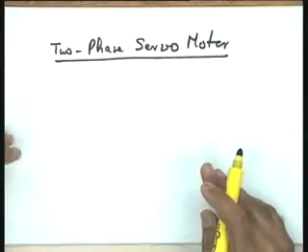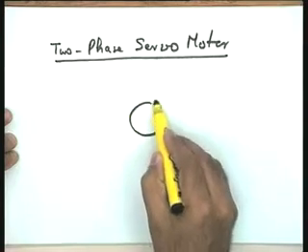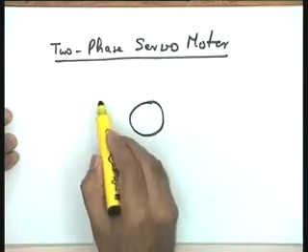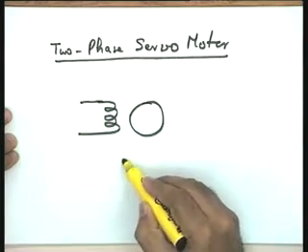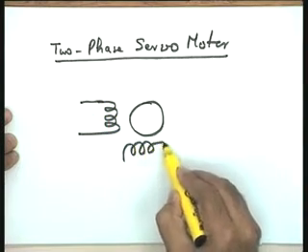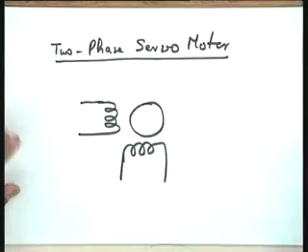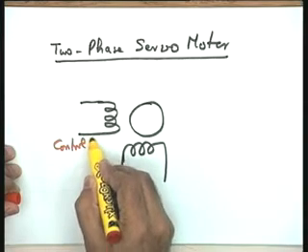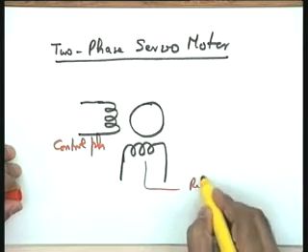As is evident from the name, this is going to have a two-phase system. It is a two-phase stator, and let me say that this is one phase and this is the other phase. I will call one of these phases the control phase. The reason will become clear soon, and this is my reference phase.